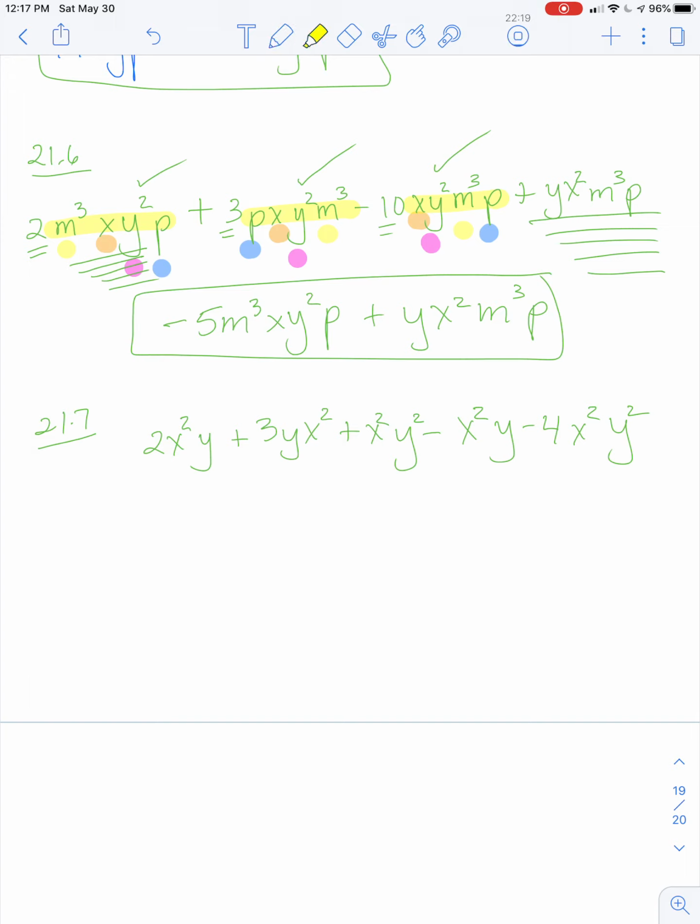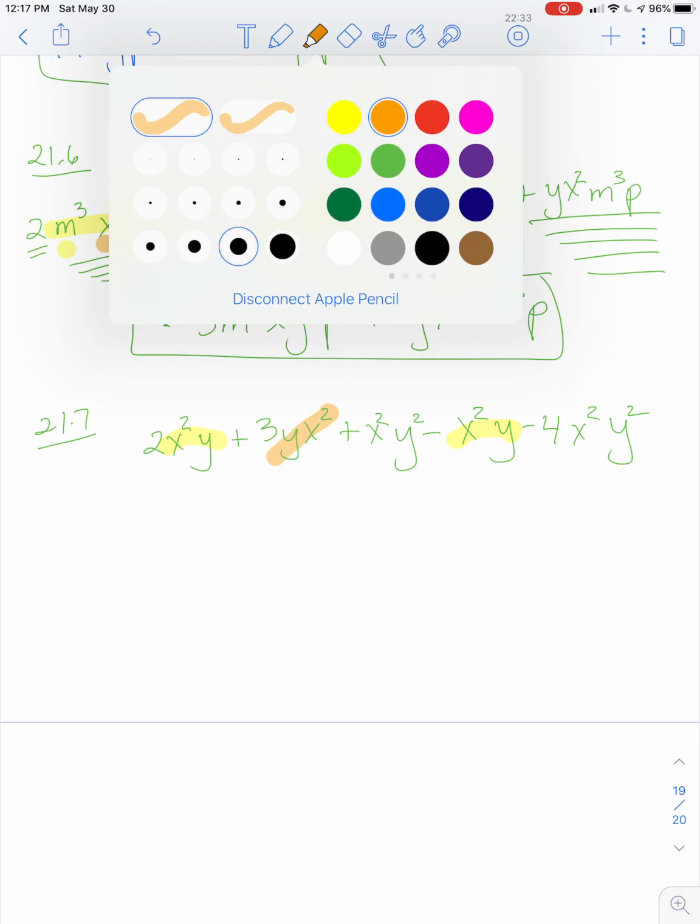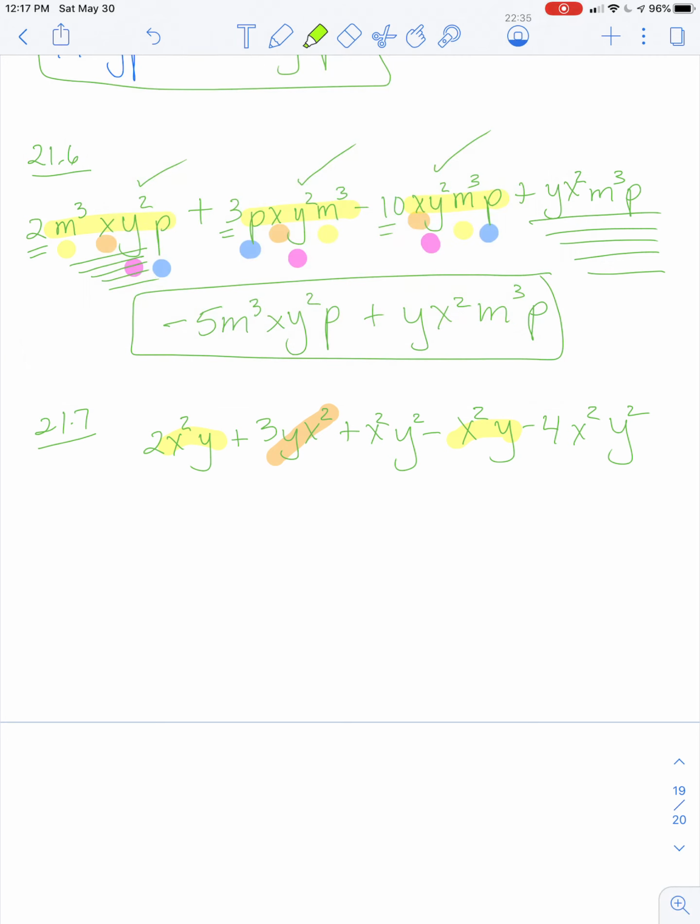So I see x squared y. Do I see anywhere else that has x squared y? X squared y, and that's that. Let's see here. We have yx squared, and it looks like that's it. Now let's do one in green. I have x squared y squared and x squared y squared. All right, so there's what we have to put together.